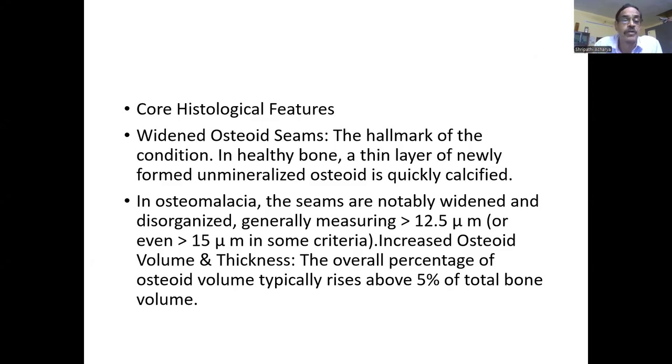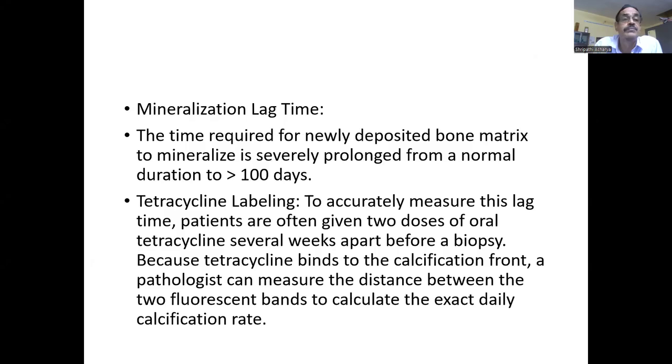Increased osteoid volume and thickness: the overall percentage of osteoid volume typically rises above 5% of total bone volume. Mineralization lag time: the time required for newly deposited bone matrix to mineralize is severely prolonged from a normal duration to more than 100 days.